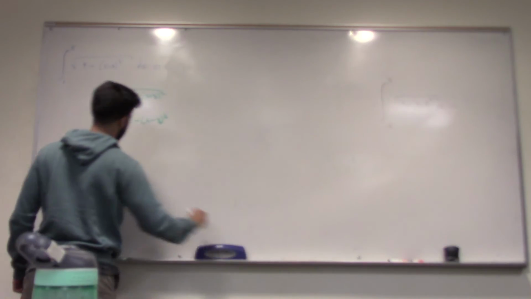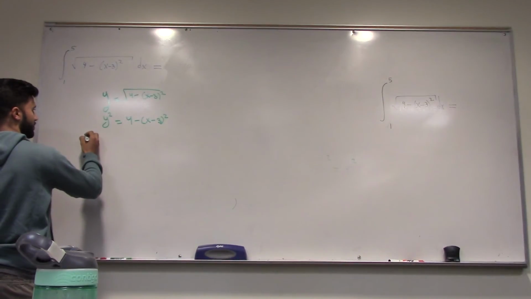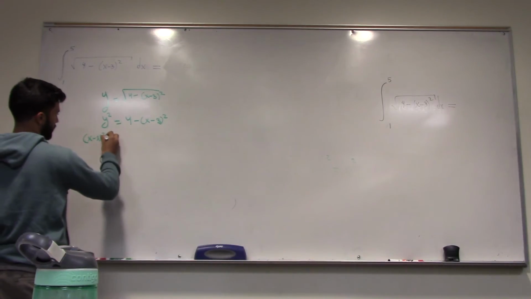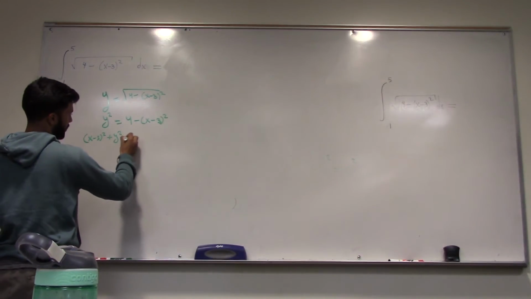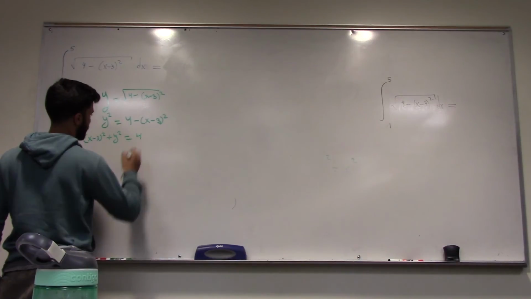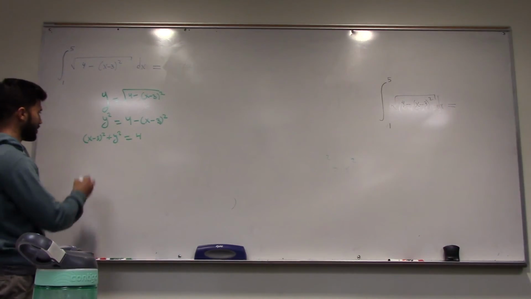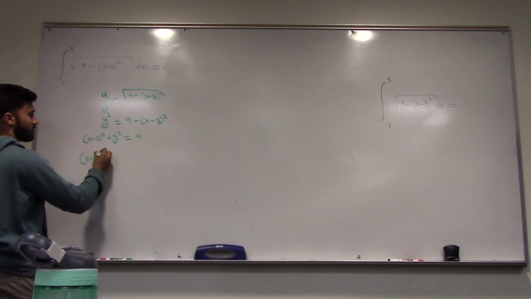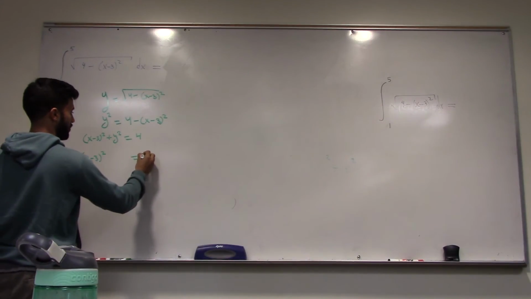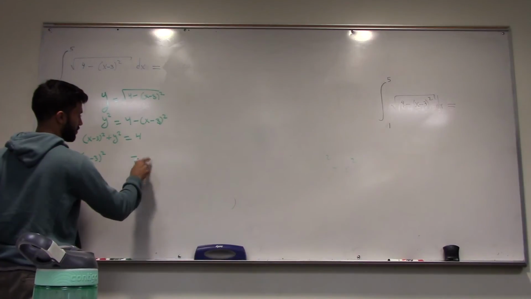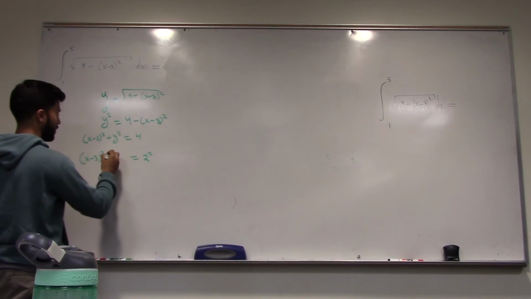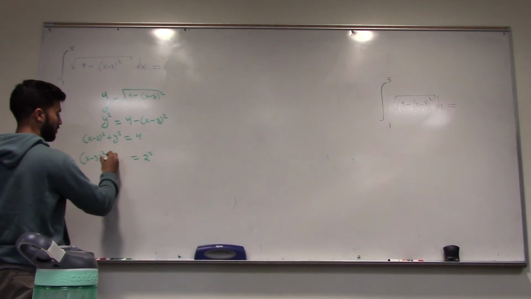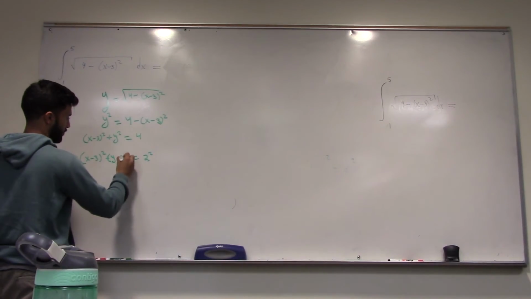The left side will be x minus 3 squared plus y minus 0 squared. And then what should we do next? Turn the 4 into a 2 squared. And then plus y minus 0 squared.